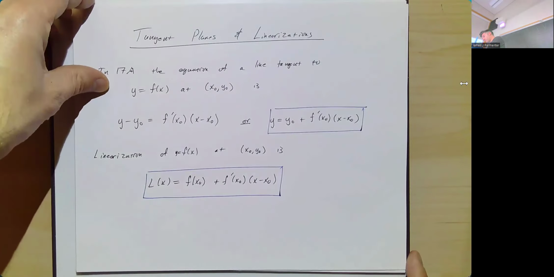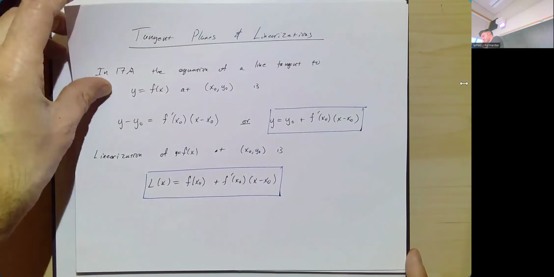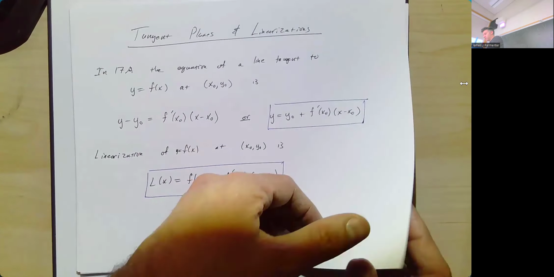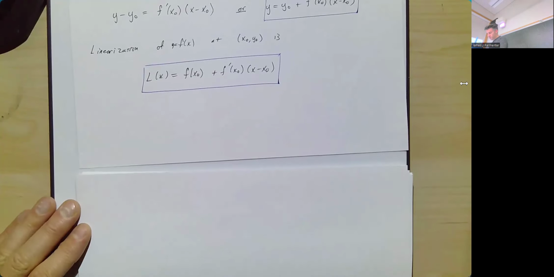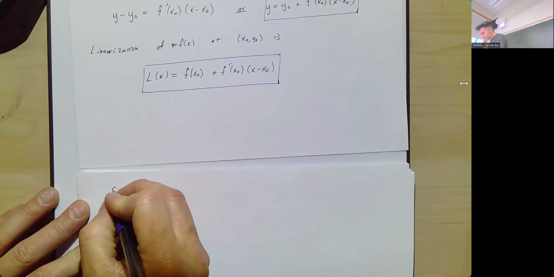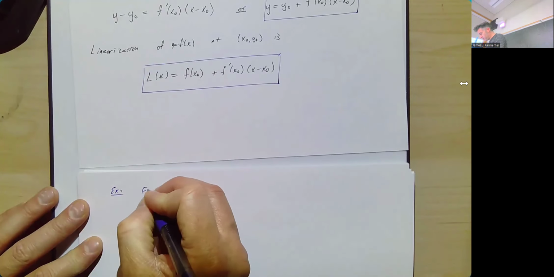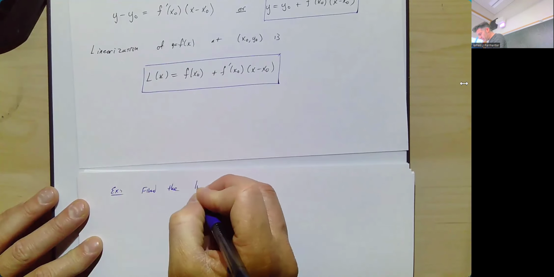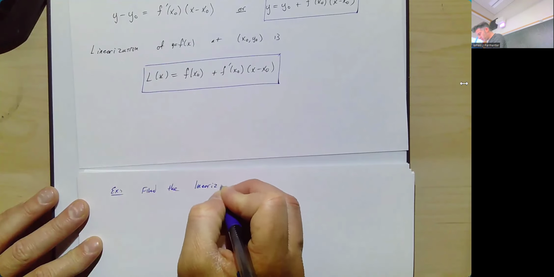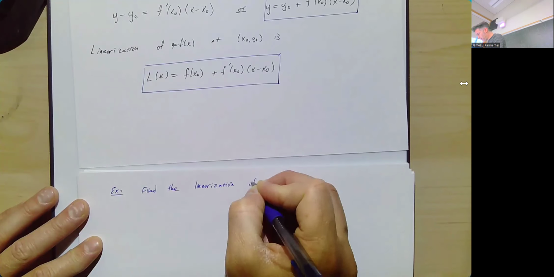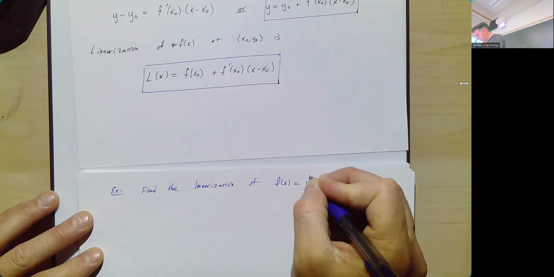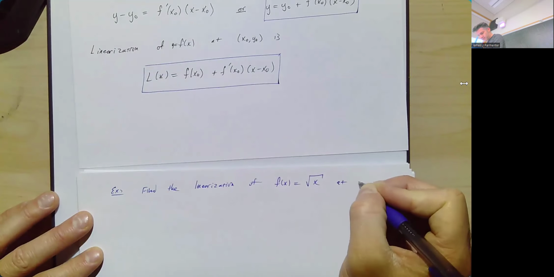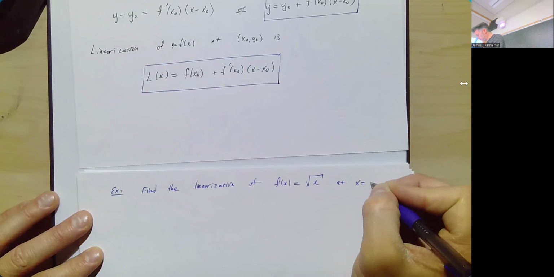So for example, we could find the linearization of f of x equal to the square root of x at x equal to 15.